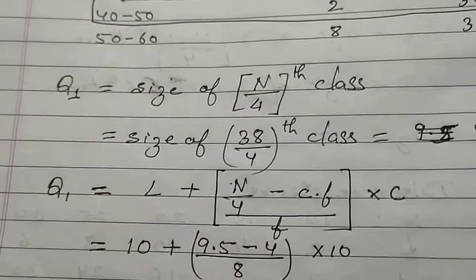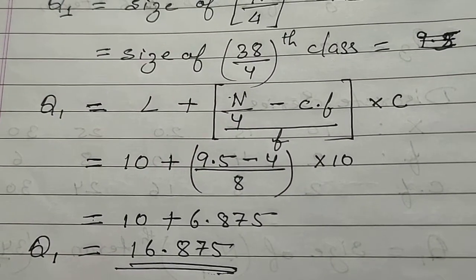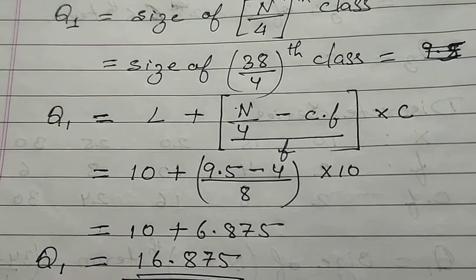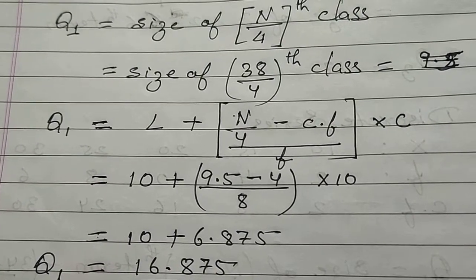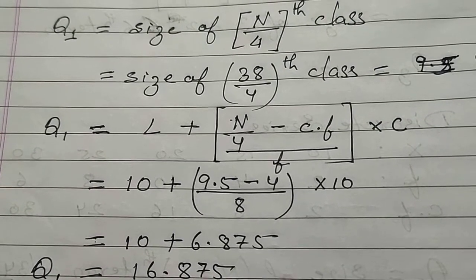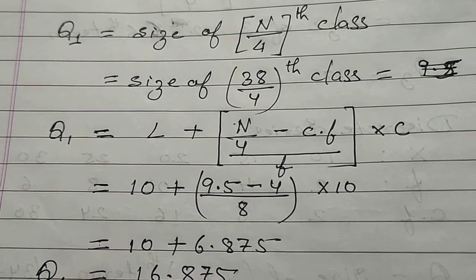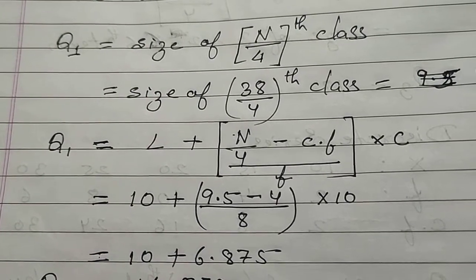Now the formula for Q1 is similar to that of the median; only in place of n by 2 we write n by 4. So Q1 is L plus (n by 4 minus CF) divided by the frequency, into the class width. The lower limit of the selected class is 10, n by 4 is 9.5.